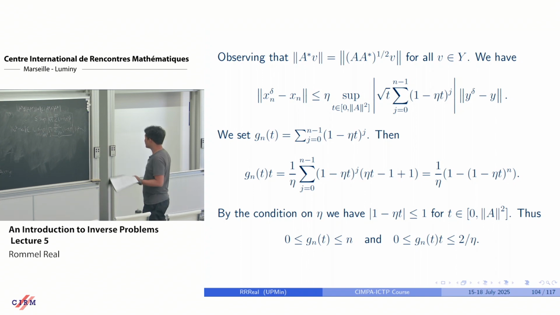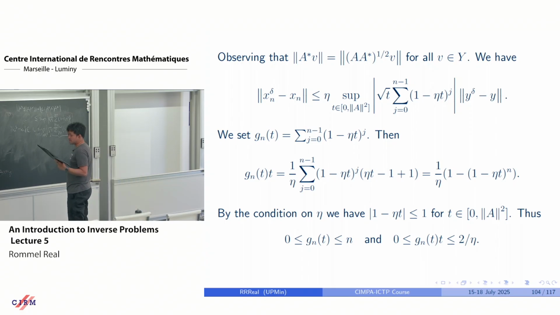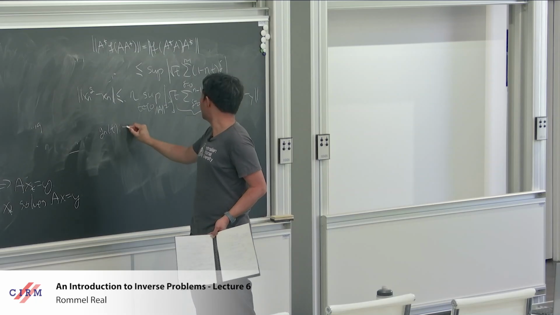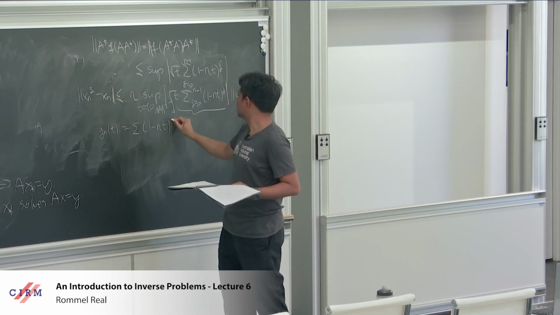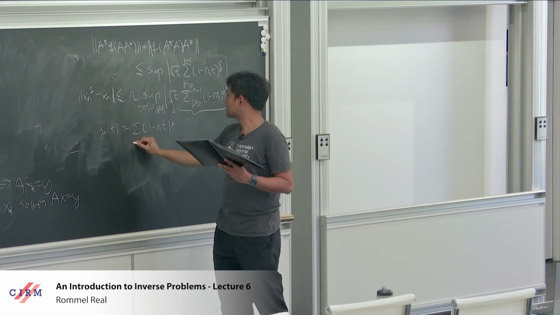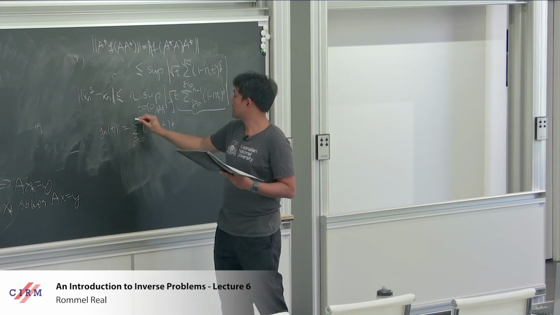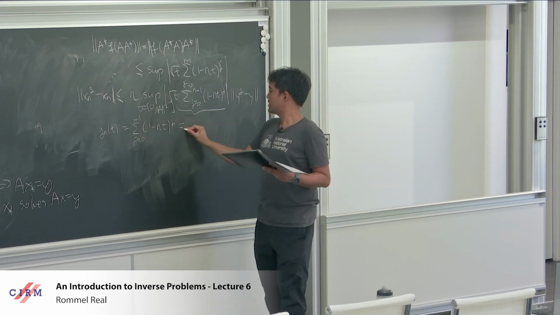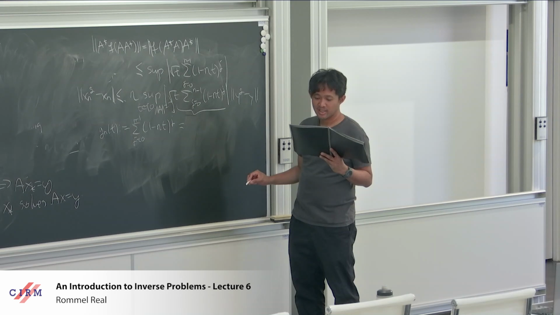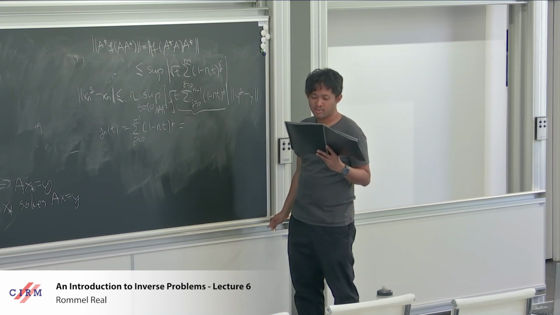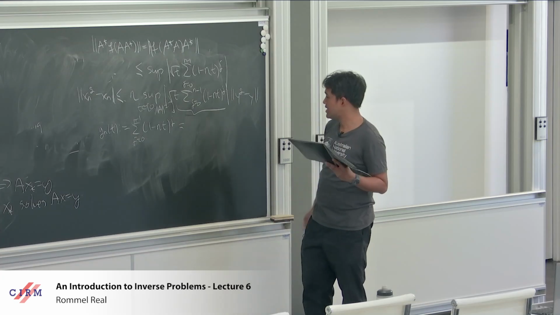But now let's first try to analyze this one by using the solution that we outlined there. So if we let g sub n of t be that sum over there, from j equals 0 to n minus 1, let's do a trick where I multiply both sides by t.